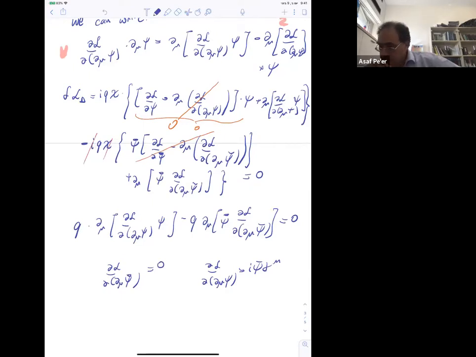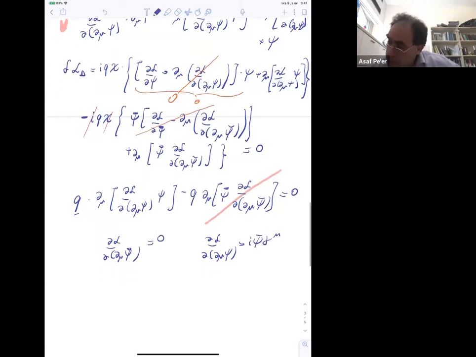And Q is a constant, so I can put it in. So this one goes to 0 because dL over d mu psi bar is equal to 0. And what we are left with, Q i can take inside the derivative. So we have d mu Q i psi bar gamma mu psi is equal to 0.